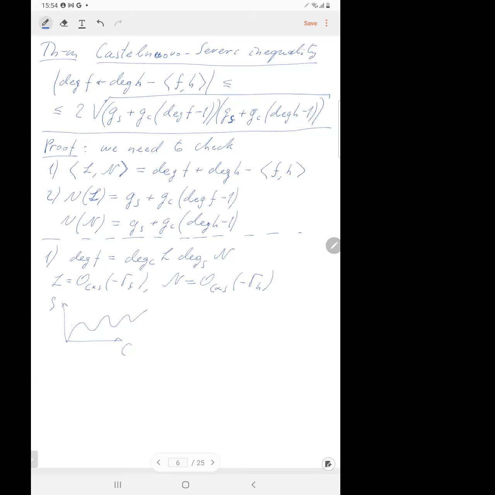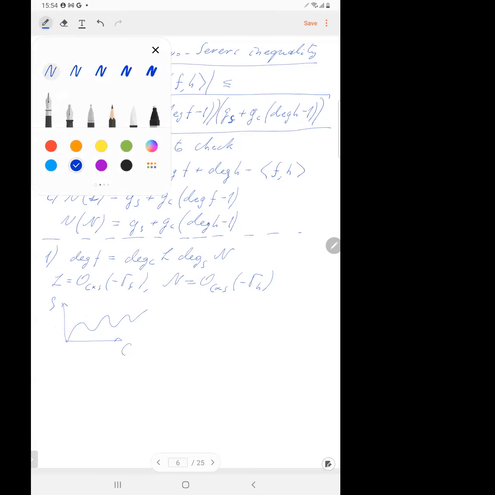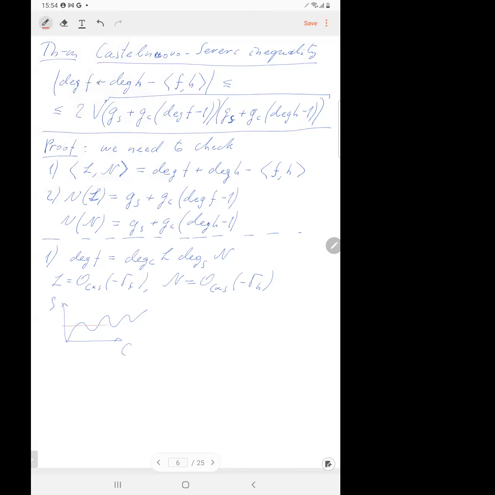But by definition, we have to take any fiber like this, for example, restrict to it and find the degree.